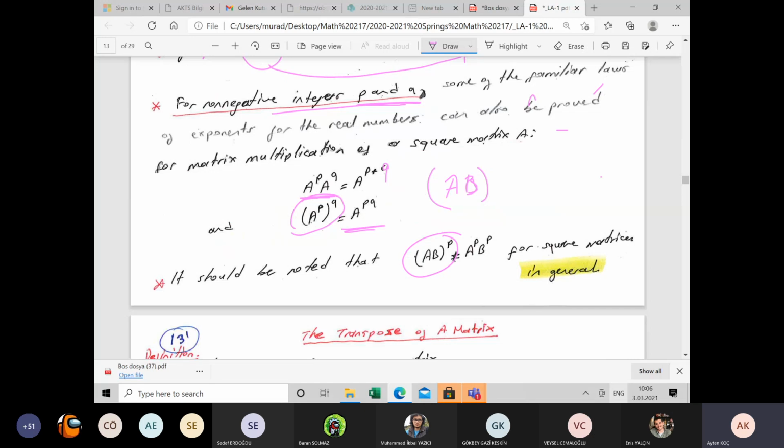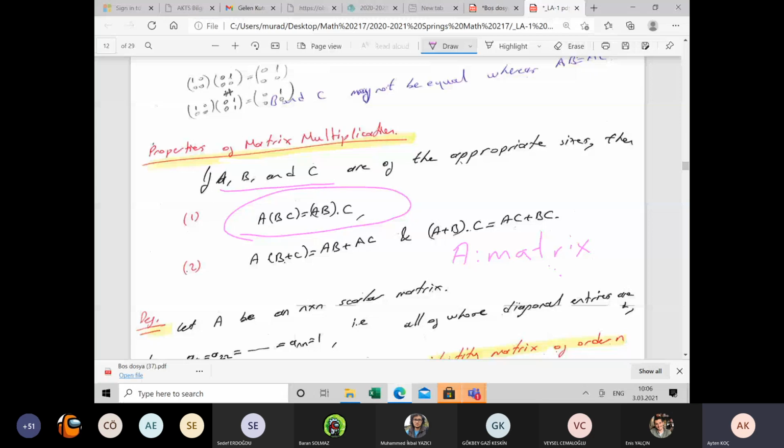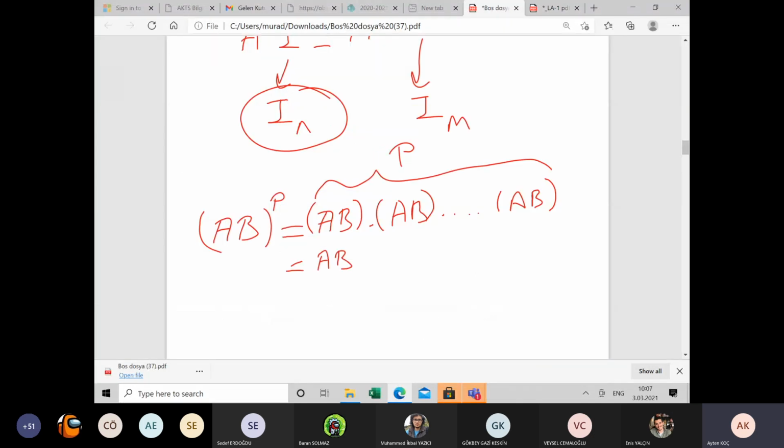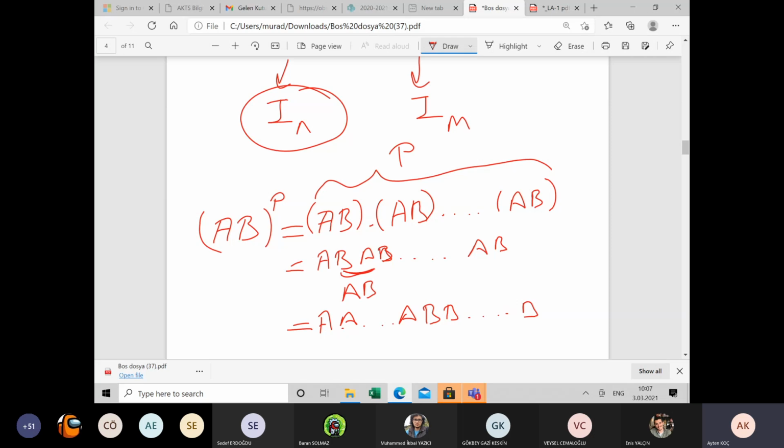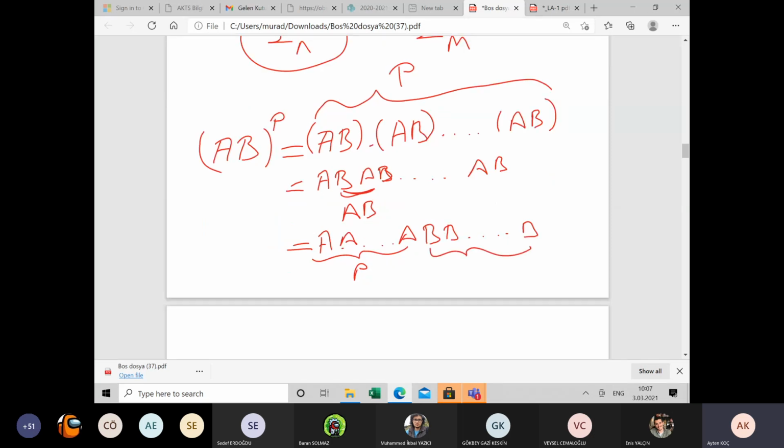It is not important where the parentheses are, so write A times B, A times B, A times B. And it is not possible to write B times A equal to A times B. If it is equal, yes, then we could write A, A, and B times B times B. So the number of A is P, and the number of B is P, and we would obtain A to the P times B to the P. But this is false, because what's the reason?